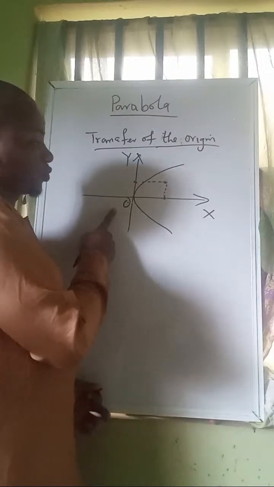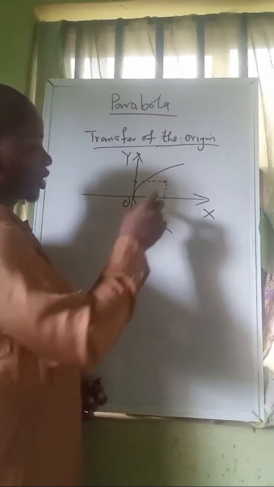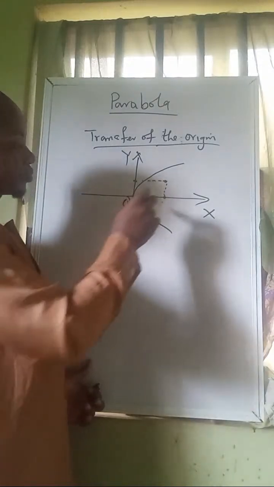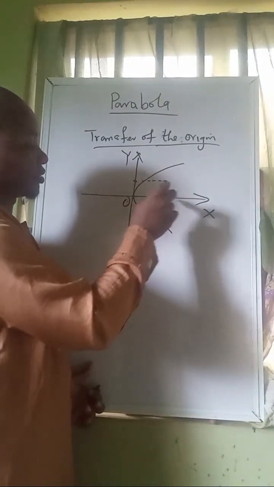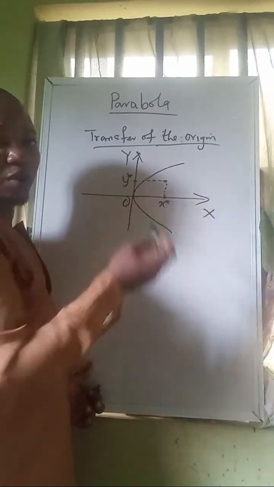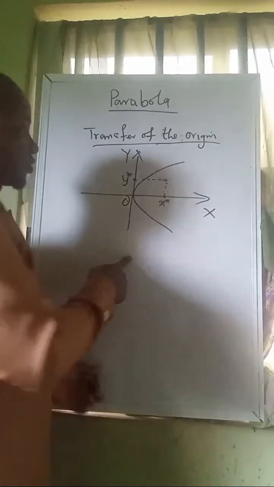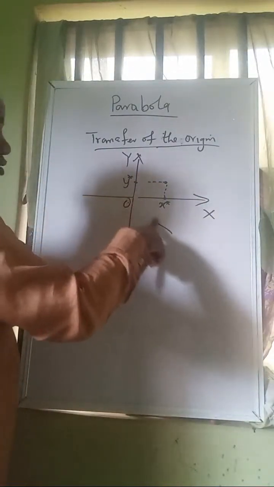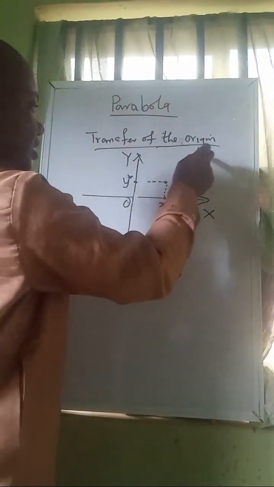Let the coordinate here be X star, Y star. So instead of the parabola here, we now take the parabola to this place.